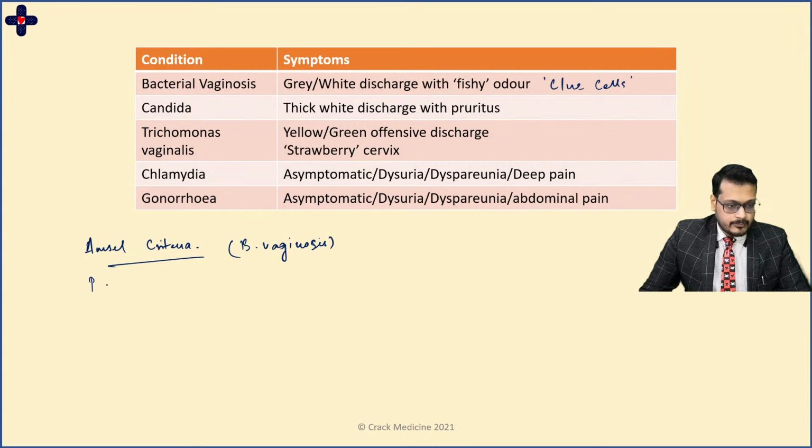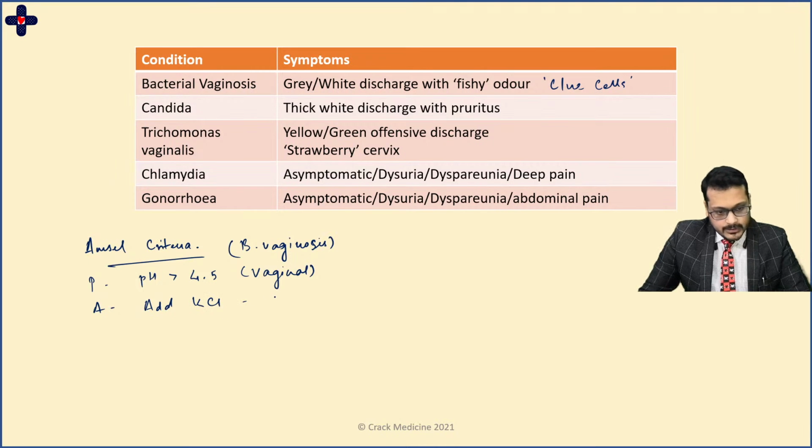So you have pH more than 4.5. Please note we are talking about the vaginal pH over here. Then you have A, that is when you add potassium hydroxide, then you get this offensive fishy odor.